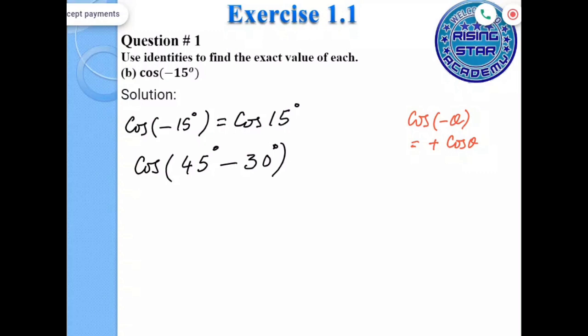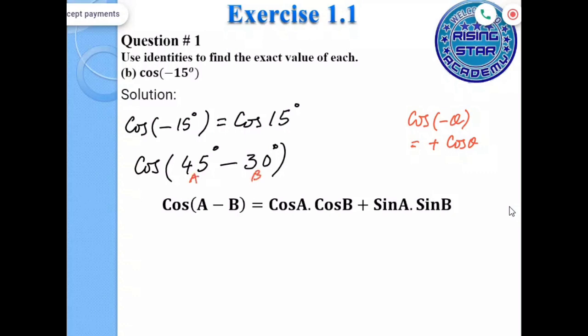In the next step we will apply the identity, so I would write the identity over there. So this is our identity. Now I would expand it in this form. So this is my A value, this is my B value, so I would solve it accordingly.